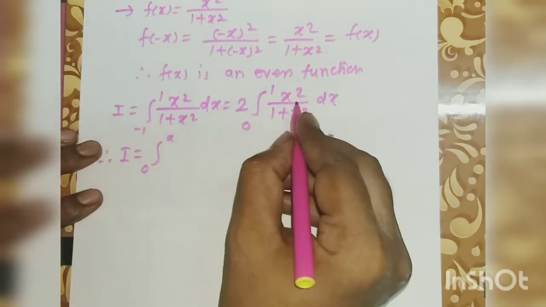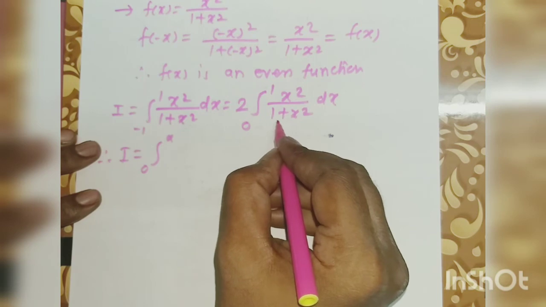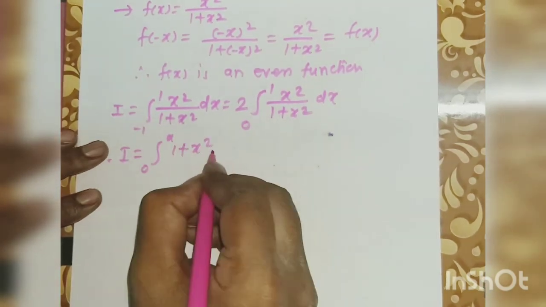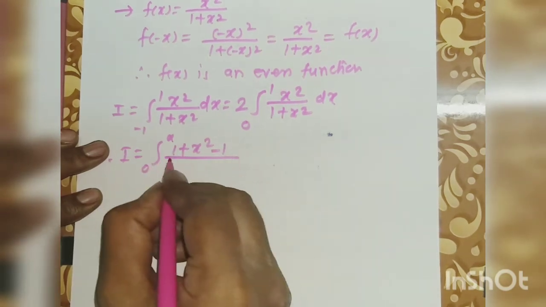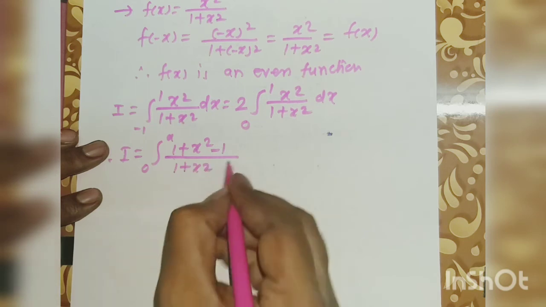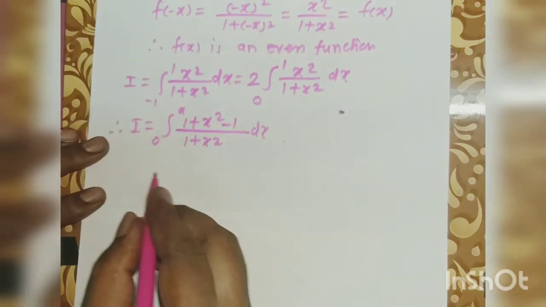Now in place of x square, we adjust the numerator to match the denominator, which is 1 plus x square. Then we take 1 plus x square minus 1, that is, add 1 and subtract 1, so the value does not change, divided by 1 plus x square dx.